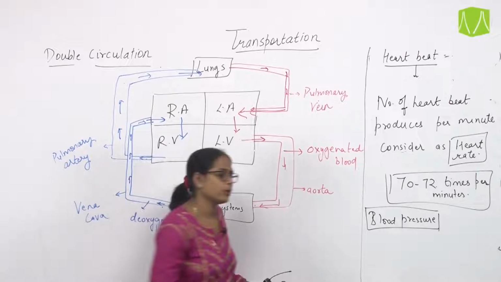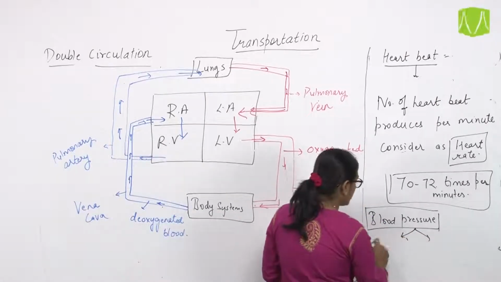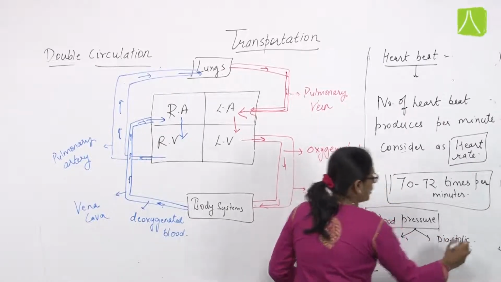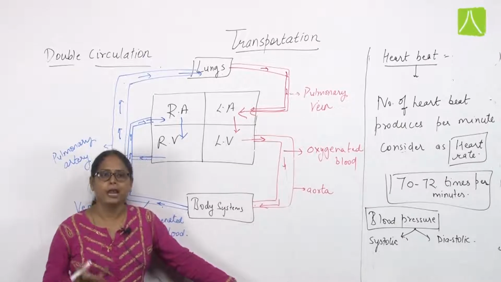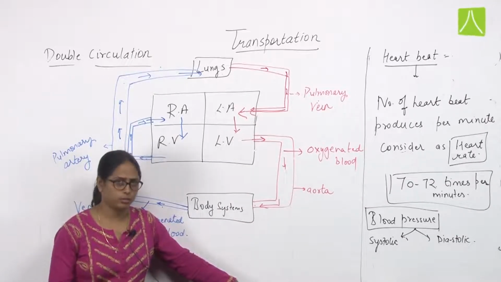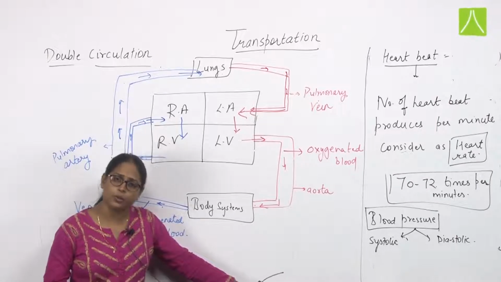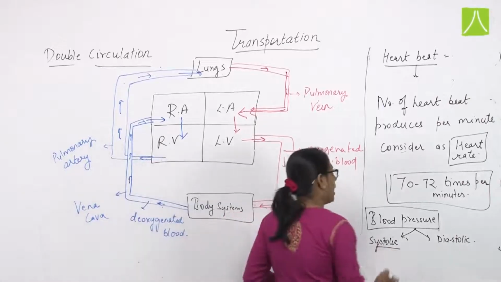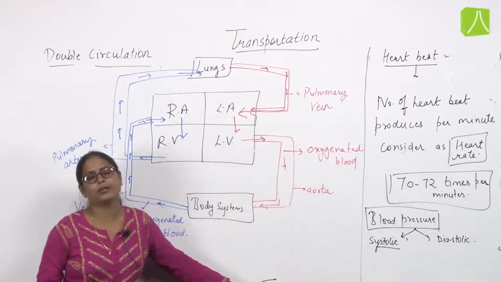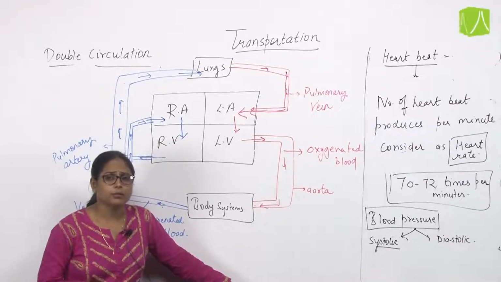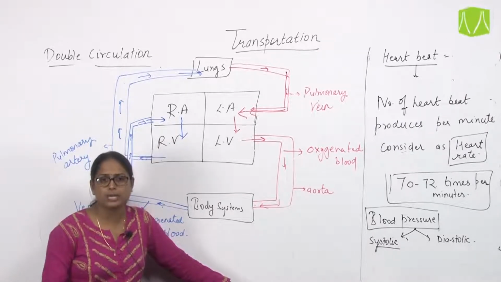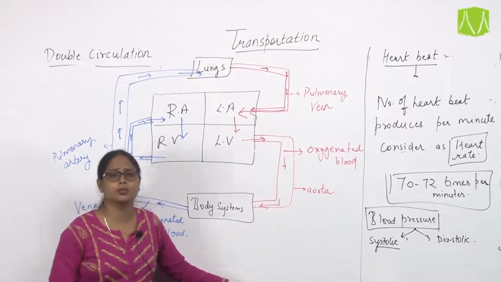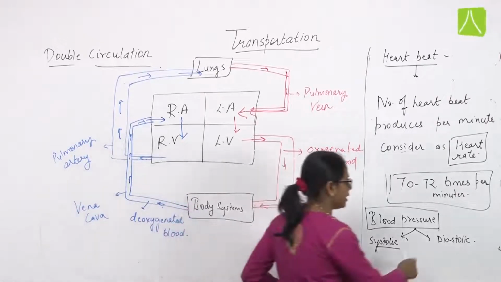This blood pressure is of two types, systolic and diastolic. When the heart contracts and blood is pumped, the pressure exerted during the contraction of the heart on the wall of the blood vessel is known as systolic pressure. And when the heart relaxes, that means when the ventricles and auricles are relaxed, the pressure exerted on the blood vessel wall during the diastolic phase of the chambers of the heart is known as diastolic blood pressure.